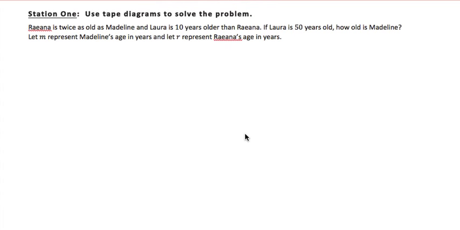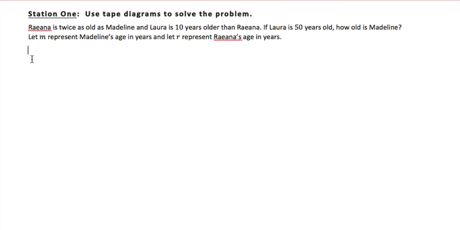So in order for you to double check, I'll give you an answer to each station, and then you'll need to go back and make sure that you can prove that with your tape diagrams and your algebraic equations.